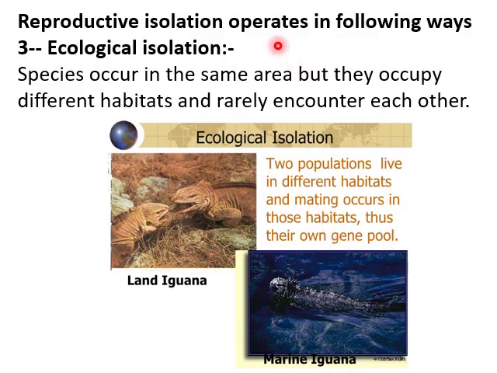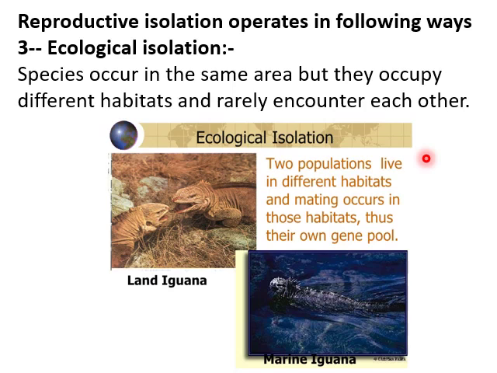Here you can see that reproductive isolation operates in the following ways, in which number one is ecological isolation. In this isolation, species occur in the same area, but they occupy different habitats and rarely encounter each other.